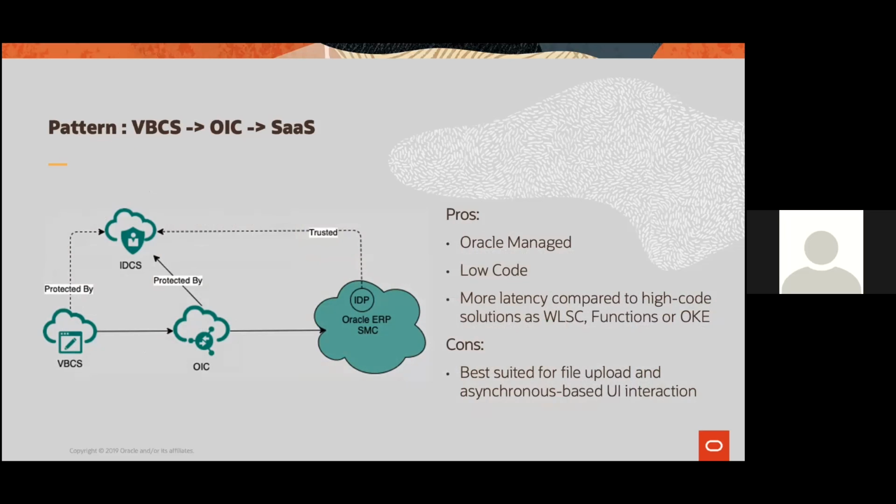Especially dealing with VBCS, you want the response time of the pages to be sub-second. So you may want to think twice or opt for other solutions if your performance requirement is very stringent. It's best suited for file uploads and asynchronous UI interaction. For synchronous, you would probably want to think about other approaches.